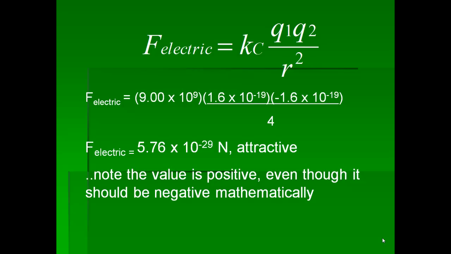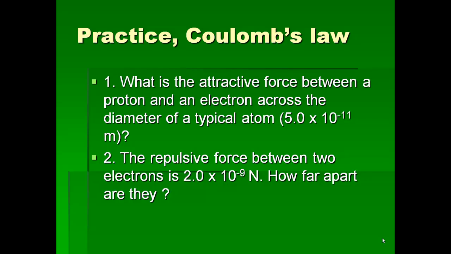So when we enter our values, we get an overall electric force of 5.76 times 10 to the negative 29th newtons, attractive. We should have been able to know this even before we did any math, because we're dealing with a proton and an electron. The force between a proton and an electron is one of the things that keeps electrons spinning around the nuclei of atoms.